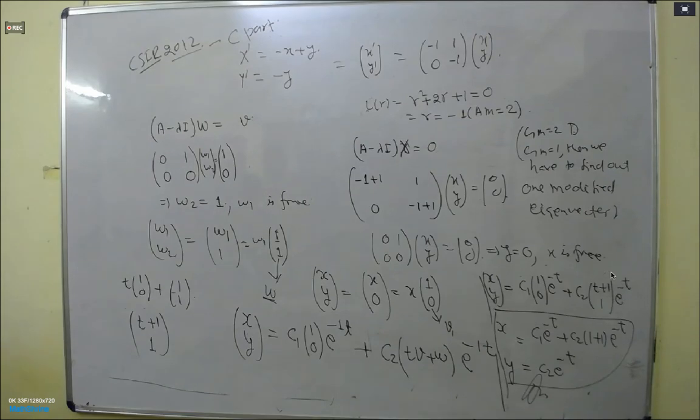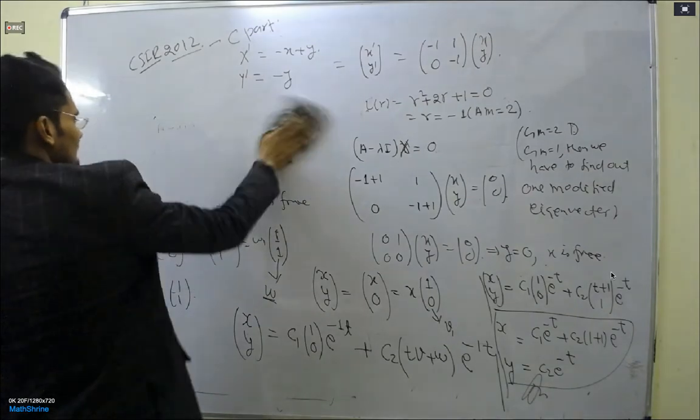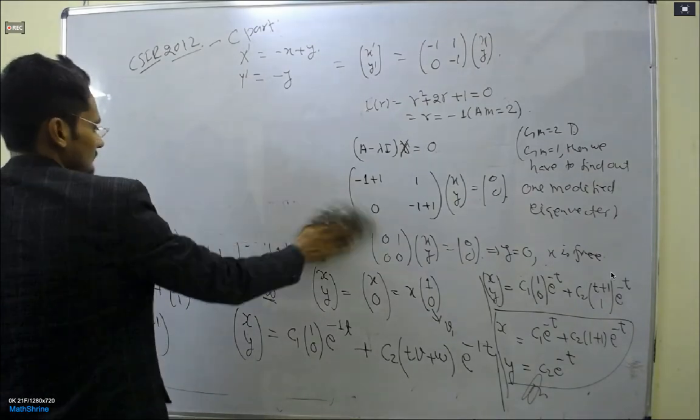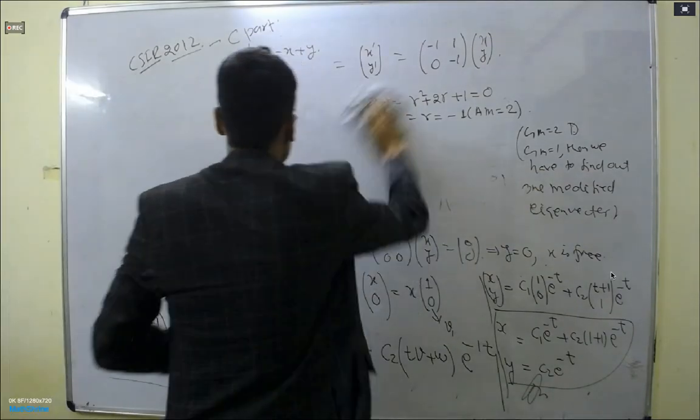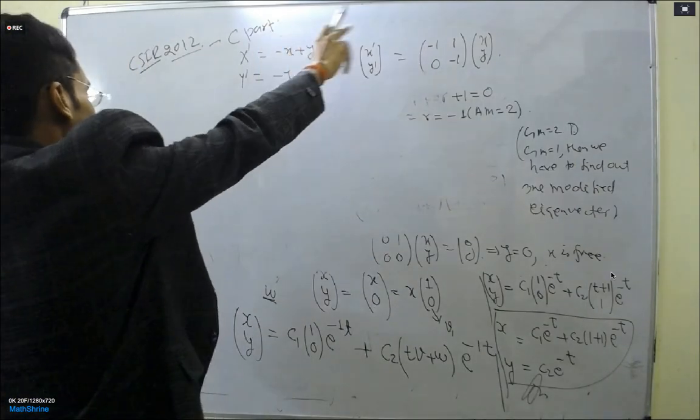Node, N-O-D-E. So these are the things that you have to do. This is the homework. And what is the homework? I will tell you, it's very simple. And also, sometimes they will say a spiral also. So these are the questions.